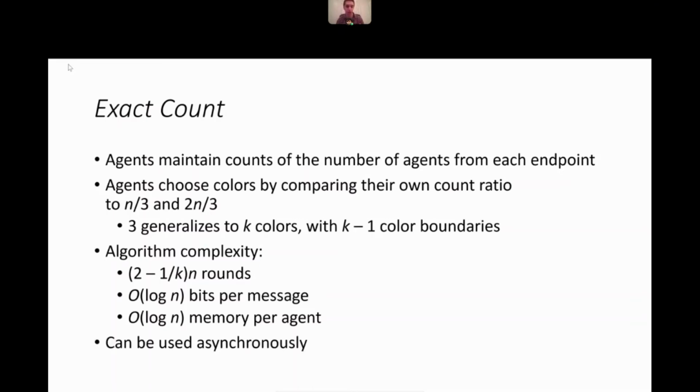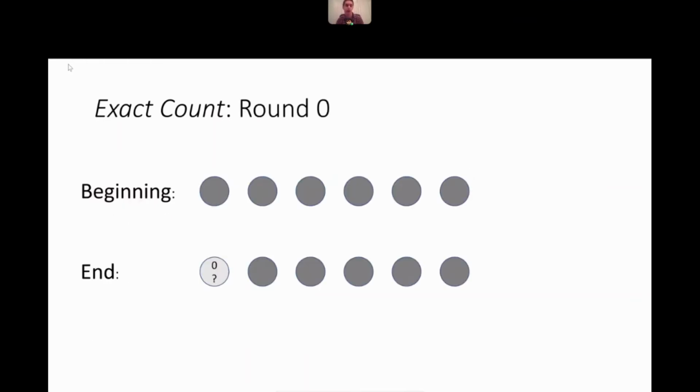What's nice about this is that it can be used asynchronously, unlike most of our algorithms. So what's going to happen is an agent's going to wake up, and then from then on, when an agent wakes up, it'll send its left count to its right neighbor plus 1. So this starting agent had zero neighbors to its left, so it'll send the number 1 to its right, and so on until we reach the end.